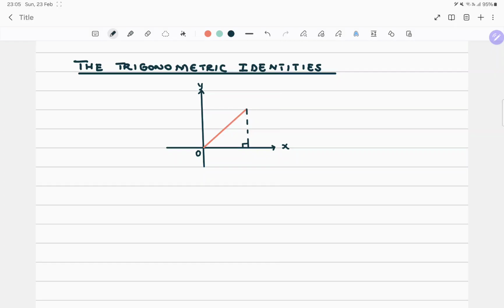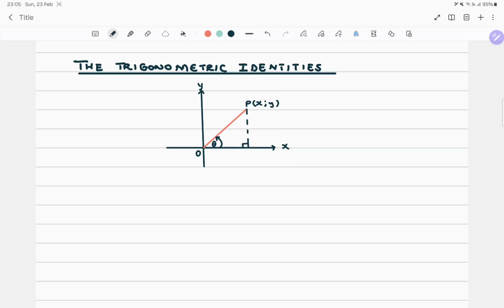We can call it OP if we like, and let's call this angle theta. Okay? So on a Cartesian plane, when we have this, we know the adjacent is going to be x, essentially, and the vertical is going to be y, isn't it? Yes, because let's just say this is P with x and y coordinates.